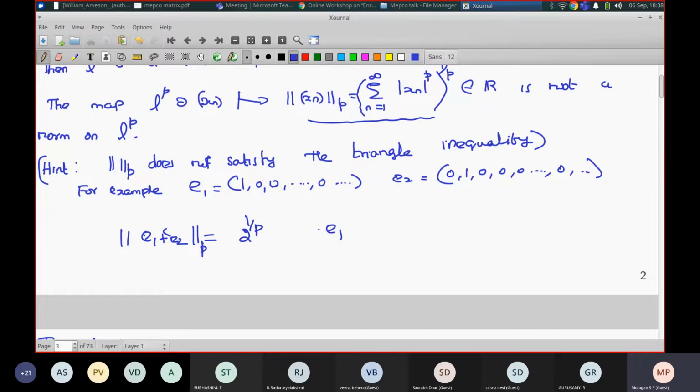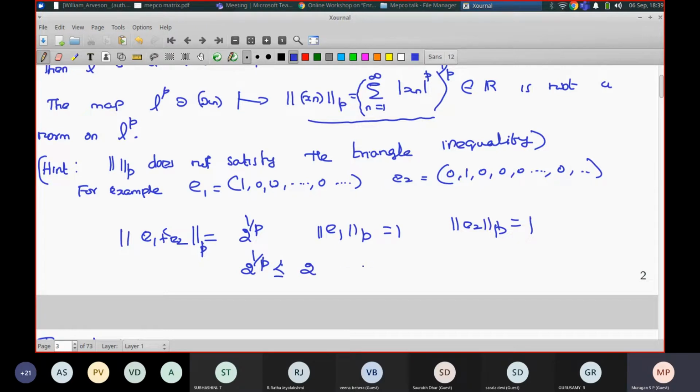So what is the norm of e1? This quantity is 1, because the summation has only one nonzero term. Similarly the norm of e2 is also 1, since e2 has its entry in the second place. But the triangle inequality says that 2 to the power 1 by p is less than or equal to 2.